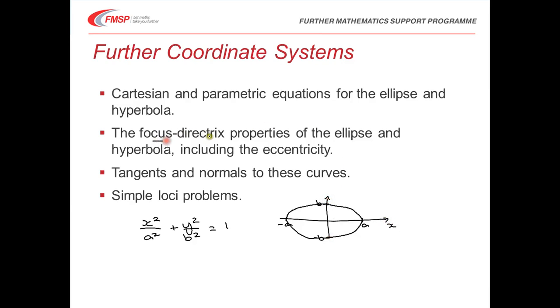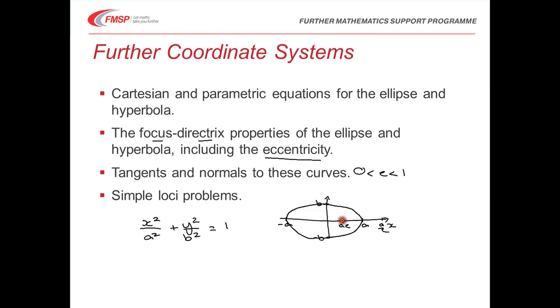The focus and the directrix is another way to think about how the ellipse is defined, and they're associated with a number called the eccentricity. In the case of the ellipse, the eccentricity is a number between 0 and 1 called e. That means the point (ae, 0) will be here, and then a over e will be here.